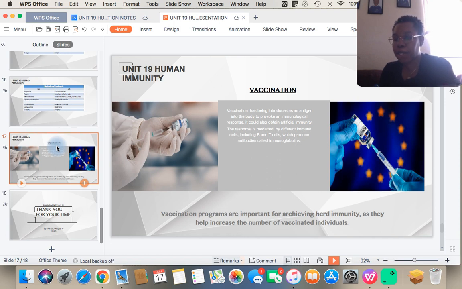Through this presentation, it is clear that understanding human immunity and the importance of vaccination is the key to protecting the body from infections and diseases. We have to prevent catching any disease, and the benefit of receiving a vaccination is prevention, and it is very important to have it.